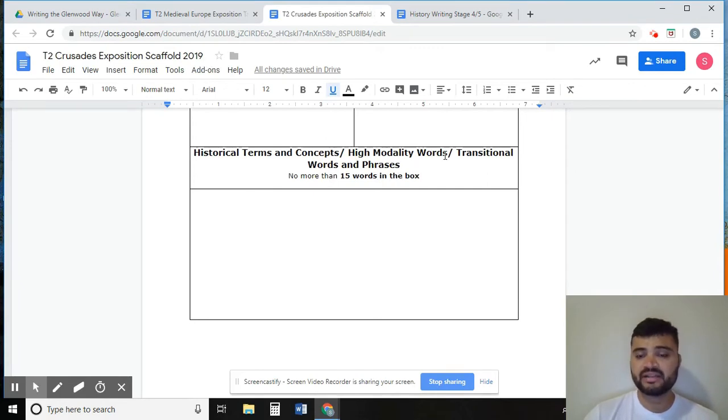These high modality words and transitional words and phrases are words that help bring up your point strongly in your writing. A couple of these words might make a big difference on your understanding or on your academic language. I suggest Googling these words and doing a bit of research on what you can do to improve your overall writing.